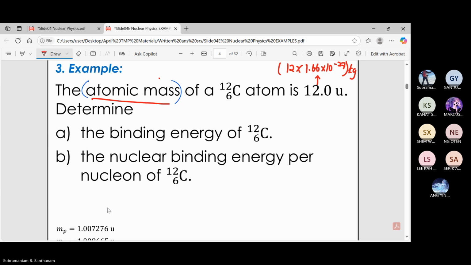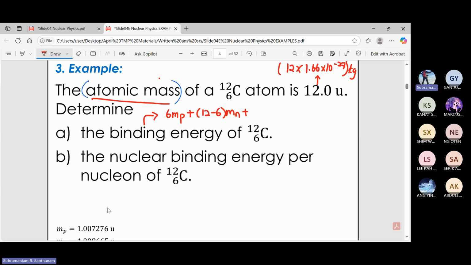If you follow the equation just now, I have 6 protons, mass of proton, plus 12 minus 6, that will be the mass of the neutron, plus the electrons.